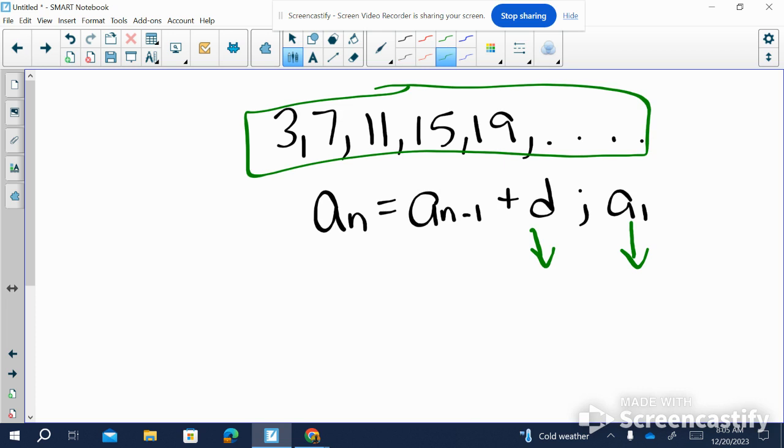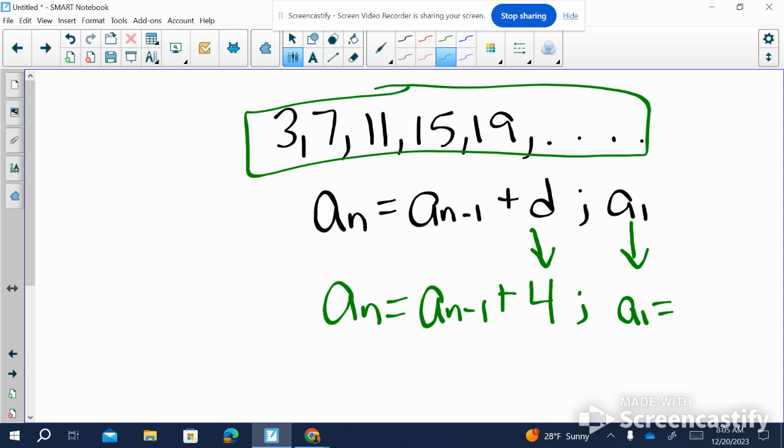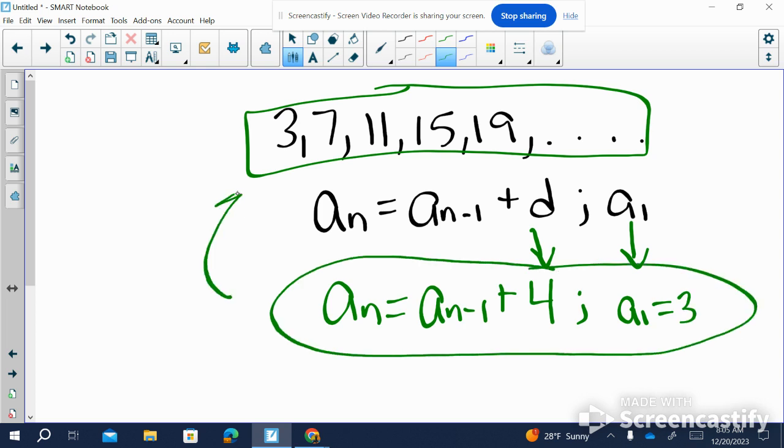So the recursive formula of this would be A sub n is equal to A sub n minus 1 plus 4, and then I would say that A sub 1 equals 3. This is the recursive formula for this specific arithmetic sequence.